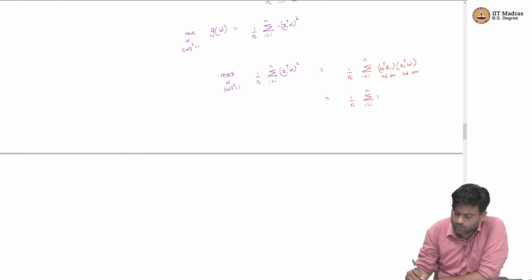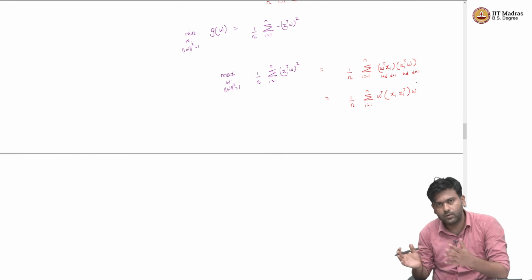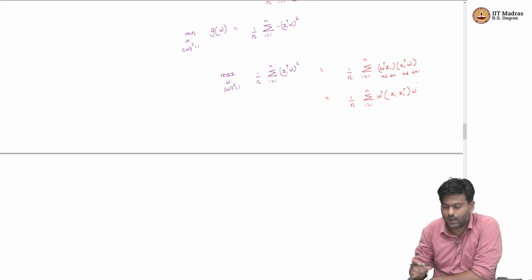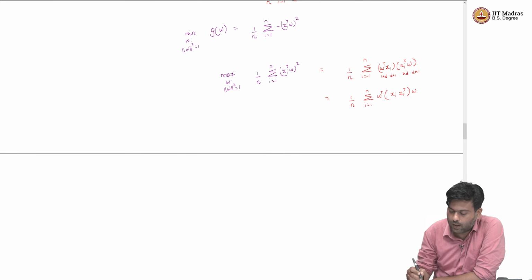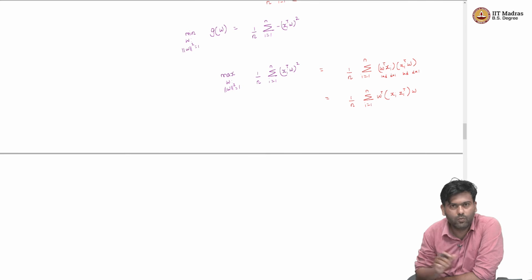Now, I can write this whole thing as W transpose, xi xi transpose, W. I have just changed the brackets. That is still okay because everything is linear. This is just matrix multiplication, so it is the same 3 matrices, I can do it whichever way I want.